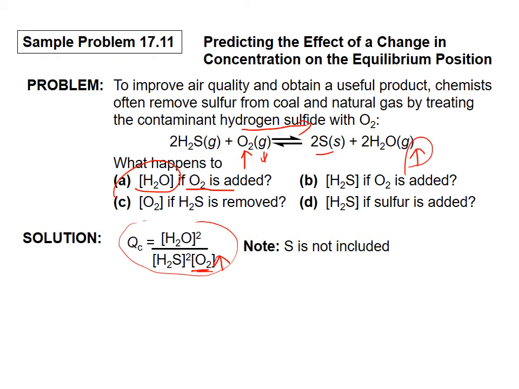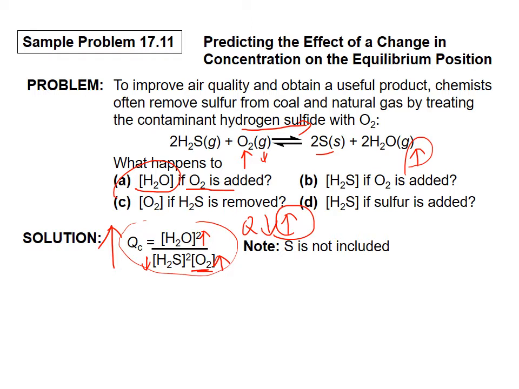Now, when Q decreases, Q does not equal K anymore, so the reaction will try to increase Q. So the question is, how do you increase Q? One way is to increase water, which is a product. The other way is to reduce hydrogen sulfide, which is a reactant.